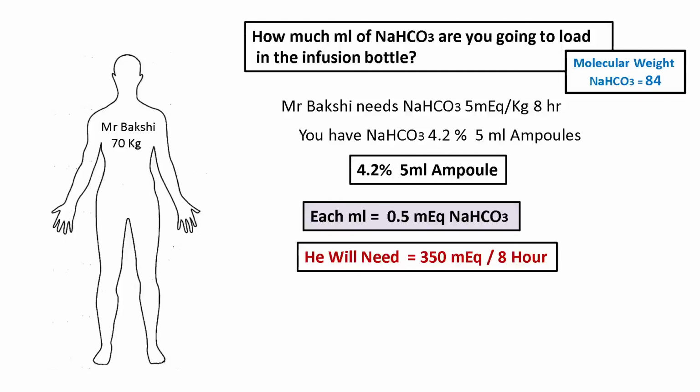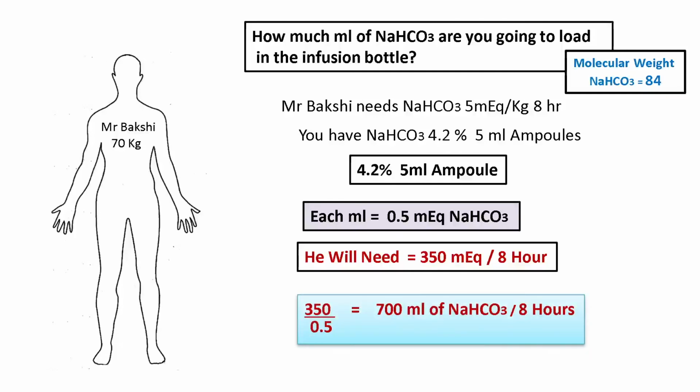So, we divide 350 by 0.5, which means 700 ml of sodium bicarbonate needs to be given in 8 hours. So, you should load 700 ml of sodium bicarbonate into the infusion bottle and set it over 8 hours.